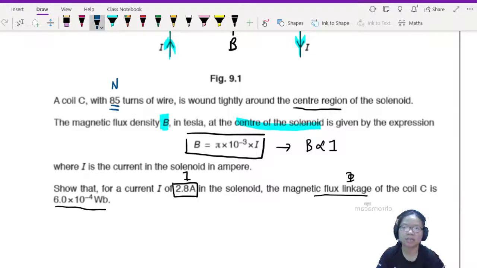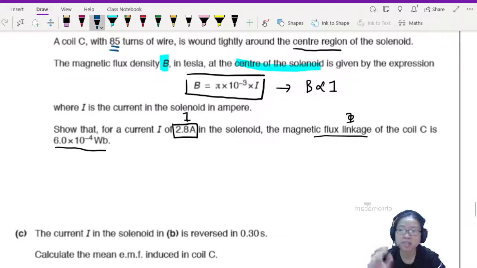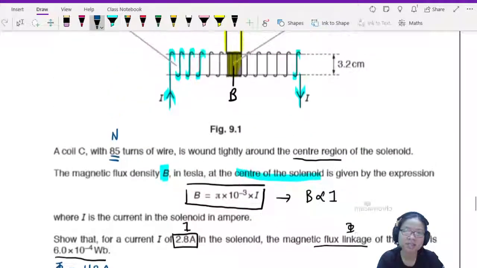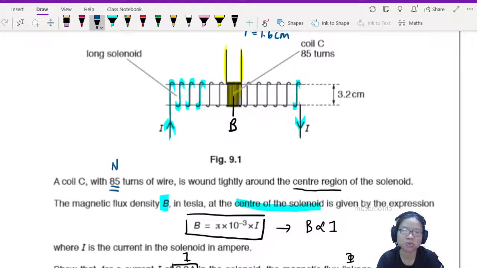Okay, lots of information. We're going to start with what they want first. They want from us the magnetic flux linkage, which in this case is NBA. Alright, and you look at the linking, this is obviously 90 degrees because they are overlapping on top of each other this way.